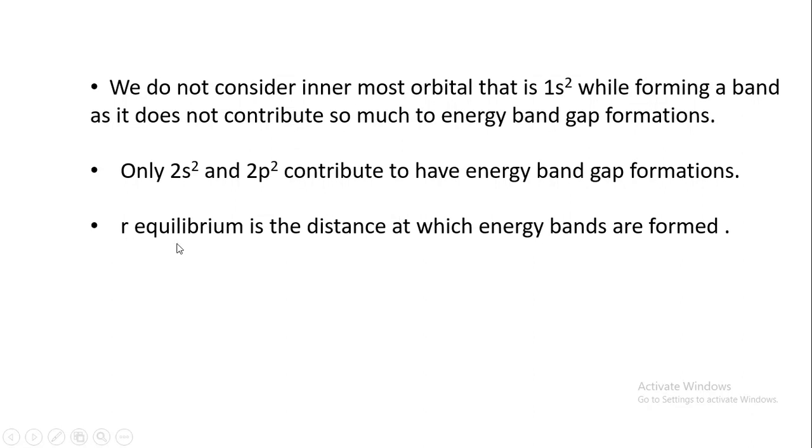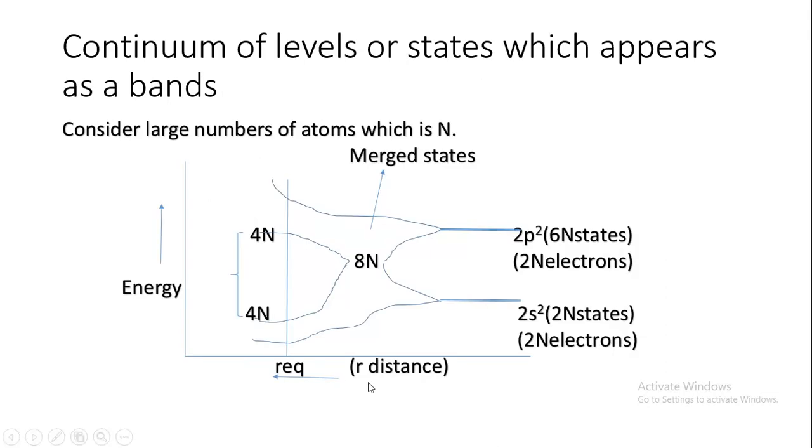Here R equilibrium is the distance at which energy bands are formed. This is the equilibrium distance where energy bands are formed. At less than this R equilibrium, you can see these are the merged states, so the bands are not split here.